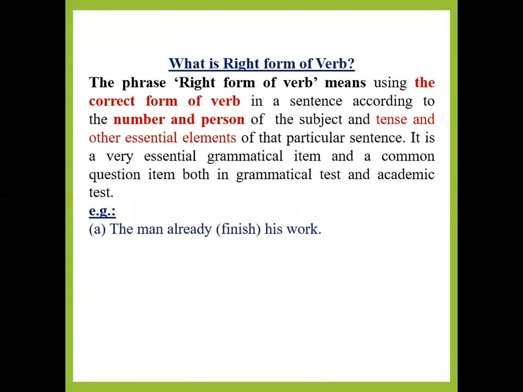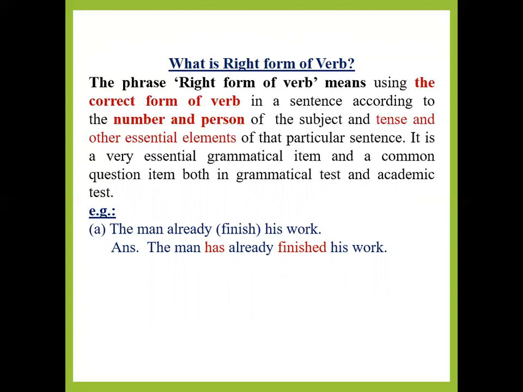For example, the man already finished his work. The correct form of the verb of this sentence is has finished. Now, why is has finished the correct form? Why are some other forms not correct here?